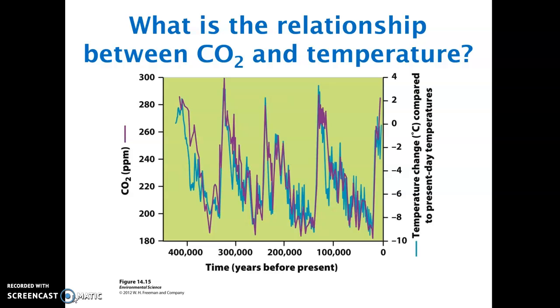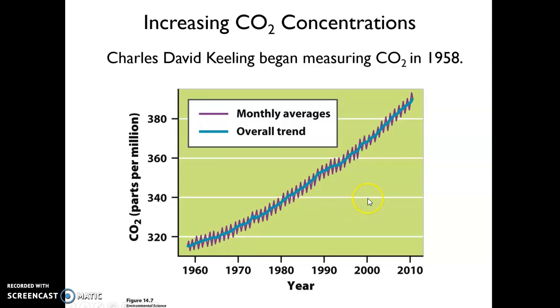So the comparison with historical extrapolated data indicates that the CO2 concentration today is higher than it's ever been in Earth's history. But we can actually look at more recent data where CO2 was actually measured and see how it changed from 1958 until today. CO2 was first measured in 1958 by a scientist named Charles David Keeling.